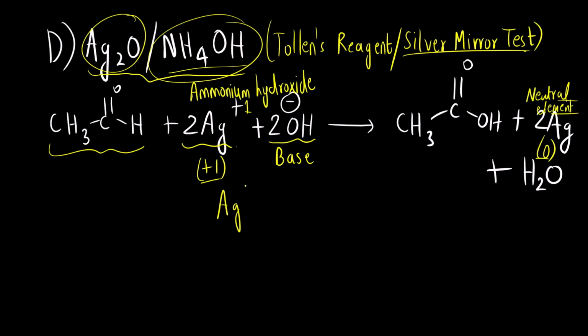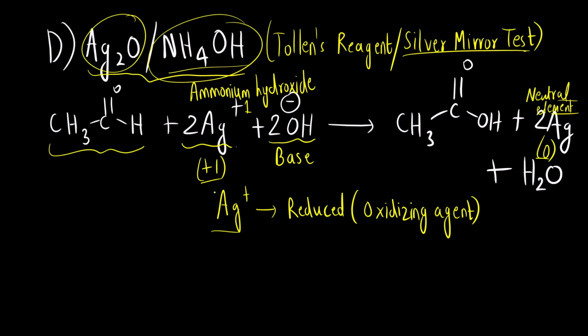Okay, Ag plus is getting reduced. So it is the oxidizing agent. Okay, Ag plus is oxidizing what? It oxidizes aldehyde to carboxylic acid. Okay, aldehyde is oxidized to carboxylic acid.